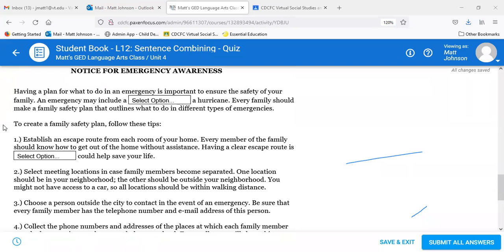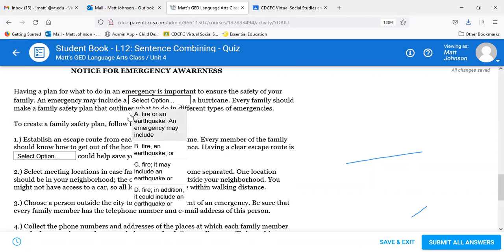All right. So here we go with our drop-down boxes. Having a plan for what to do in an emergency is important to ensure the safety of your family. An emergency may include a blank. So what we want to do here, Tracy?